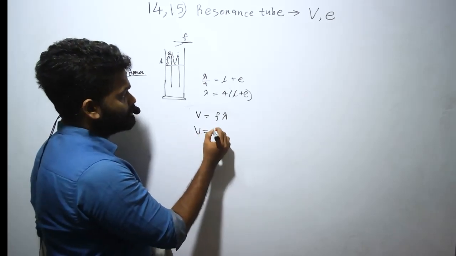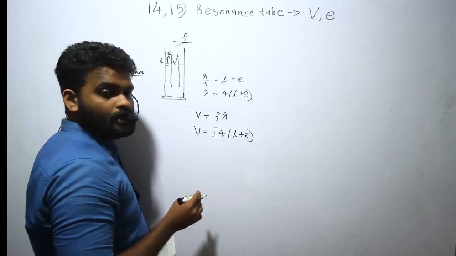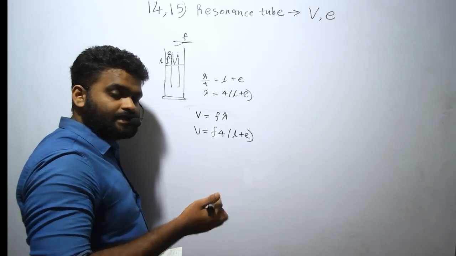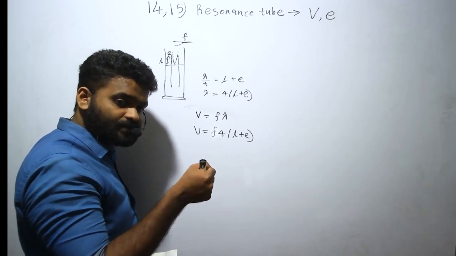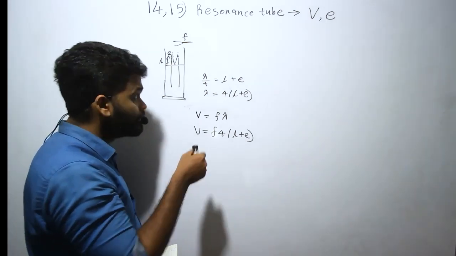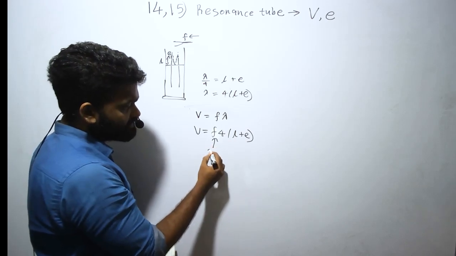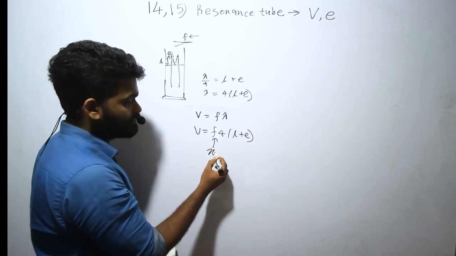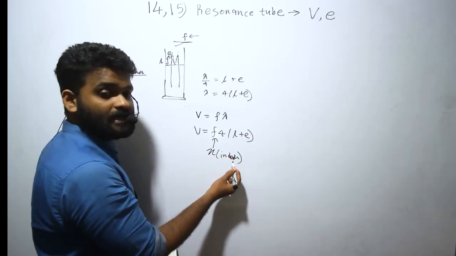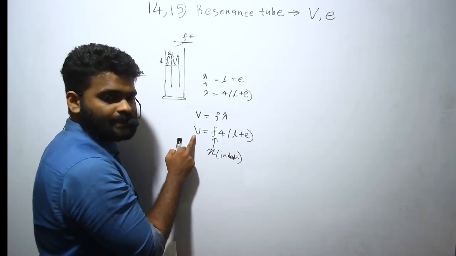So you can apply v equals f lambda. So v is equal to frequency times lambda, where lambda means 4 times (L plus e). Here what we change is the frequency, meaning the frequency of the forks. We are using different forks, so we are changing this frequency. So this is the independent variable, or x. When you change f, velocity does not change, right?